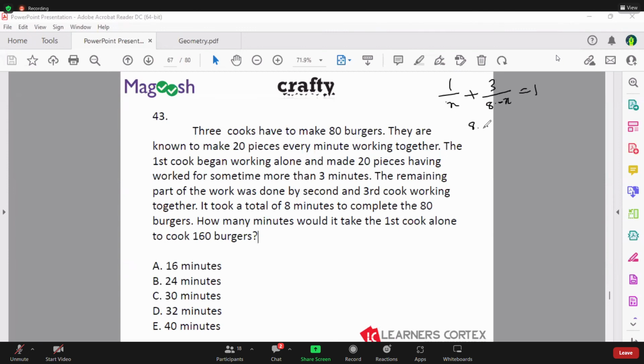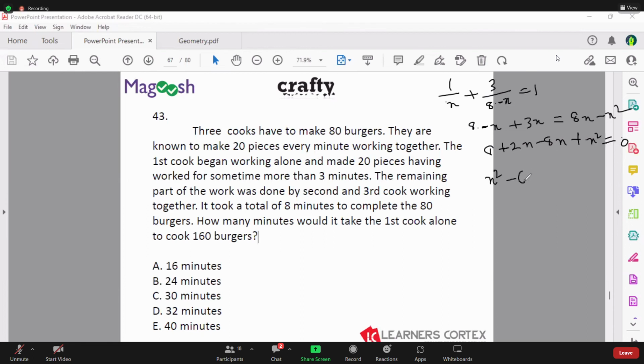So 8 minus X plus 3X equals 8X minus X square. So 8 plus 2X minus 8X plus X square equals 0.